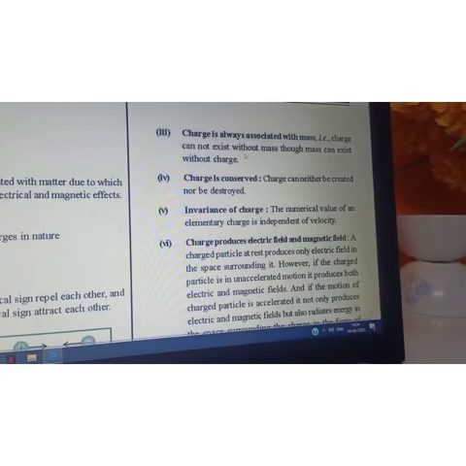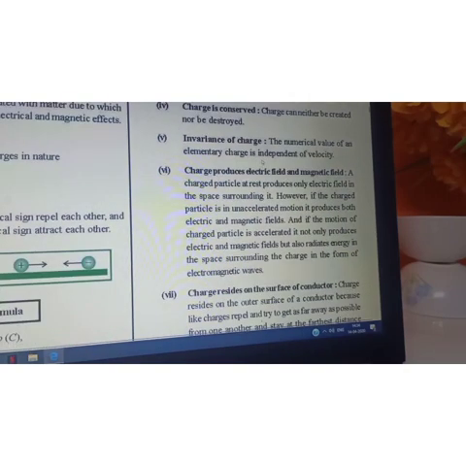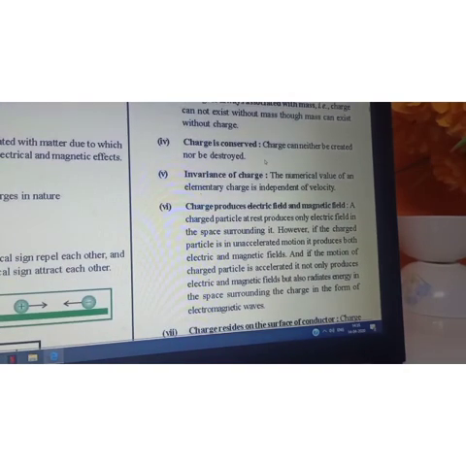That is, charge cannot exist without mass, though mass can exist without charge. And charge is a conservative property; charge can neither be created nor destroyed.